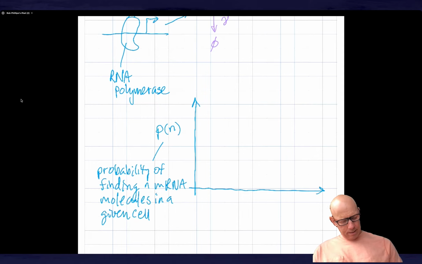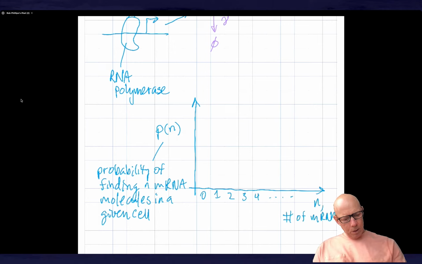And then the x-axis is n, the number of mRNAs, and this bin is 0, 1, 2, 3, 4, and so on. And so each bin has some height, and so I'm going to draw my distribution as such.